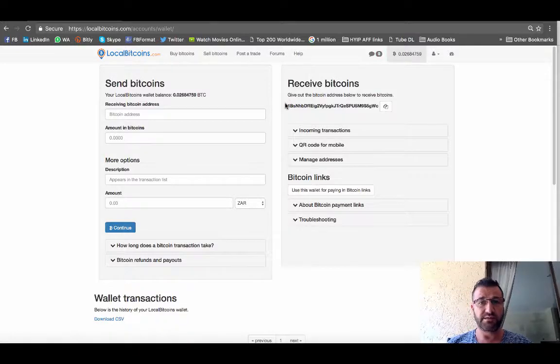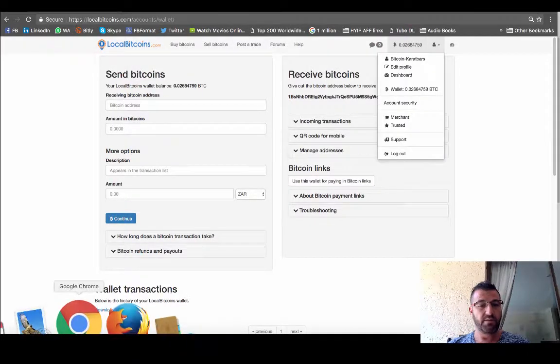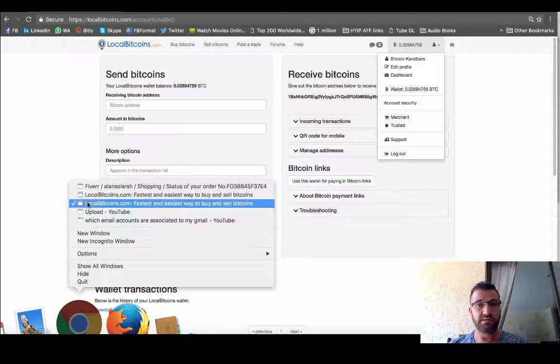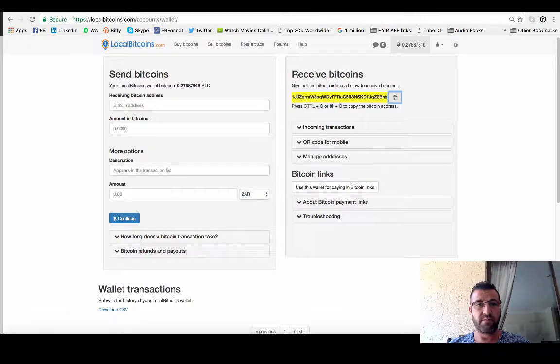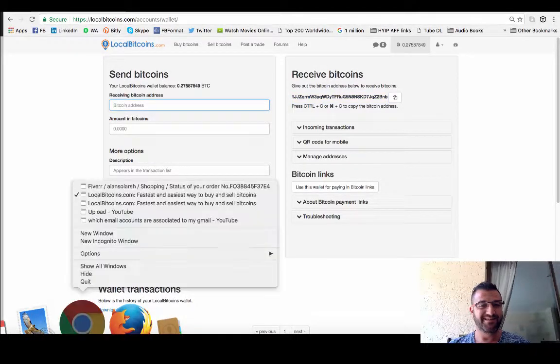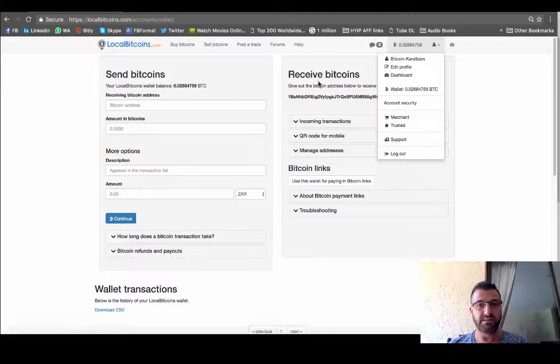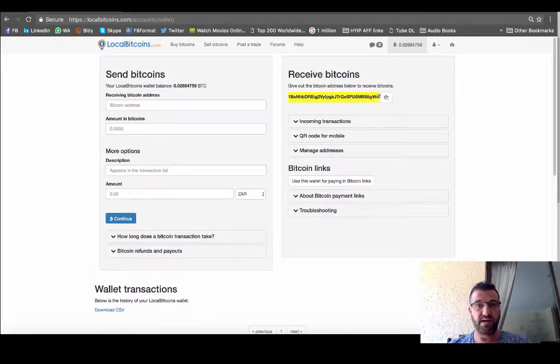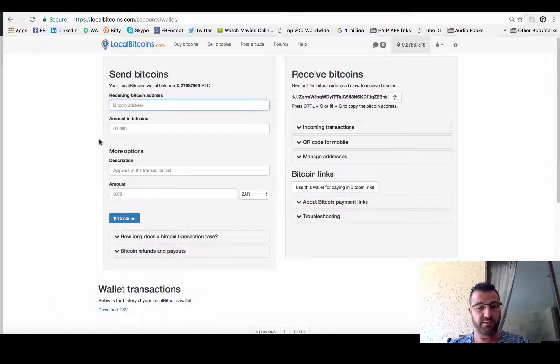So what I'm going to do is send coins from this account to my other account, which is this account. So this is the receiving wallet over here. This is where I want my Bitcoin. I'll go back to the other exchange, paste it in.